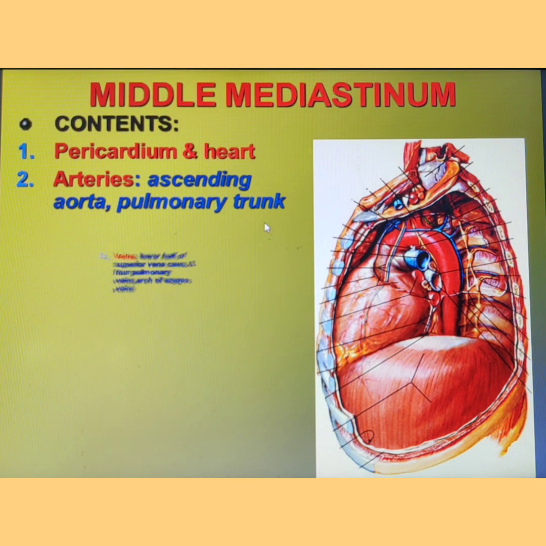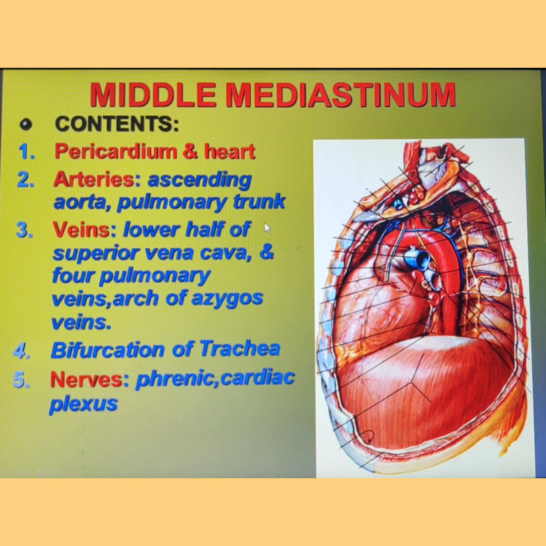Now what are the contents of the middle mediastinum? Number one, the main important contents are the pericardium and the heart, right? Then what are the great vessels we have in the middle mediastinum? The ascending aorta, as you can see in this picture, and the pulmonary trunk, which is arising from the right ventricle.